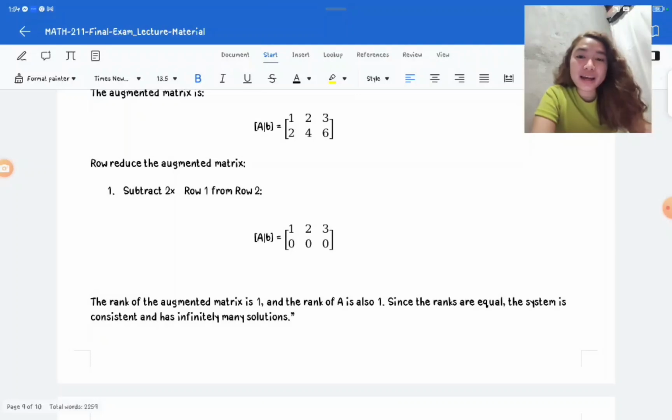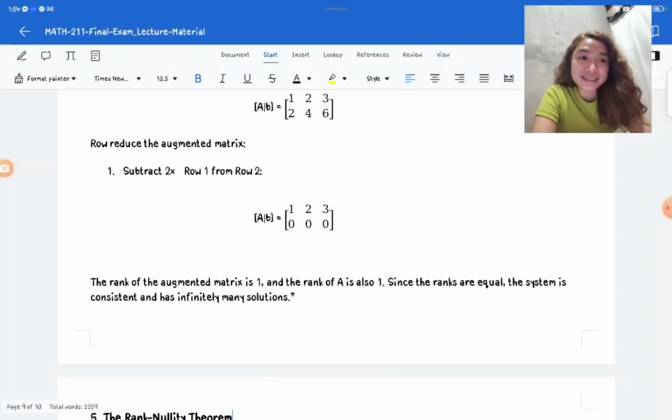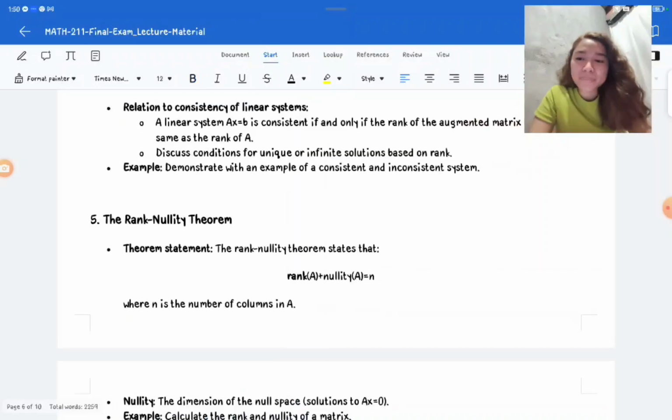And 2 times 2 is 4, minus 4 gives us also 0. And 2 times 3 is 6, minus 6 gives us 0. So the rank of the augmented matrix is 1 and the rank of A is also 1. Since the ranks are equal, the system is consistent and has infinitely many solutions.